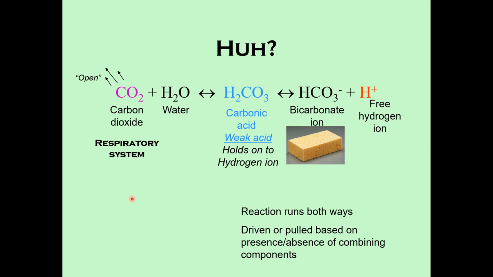And we already talked about this being your chemical buffer system. You have your H2CO3, which is your carbonic acid, and then your bicarbonate, and losing a hydrogen ion is the difference, and it's a big difference. We go from acidic to being non-acidic.